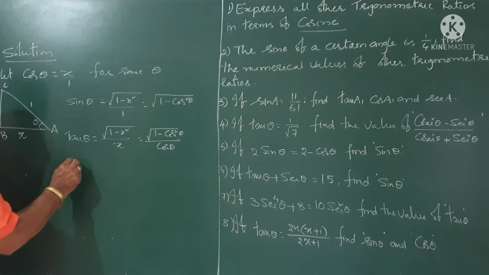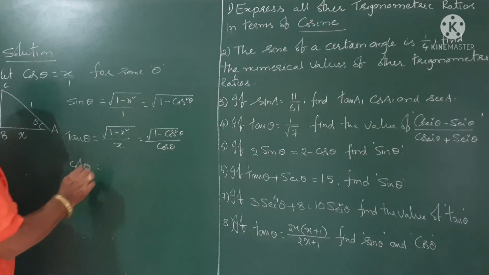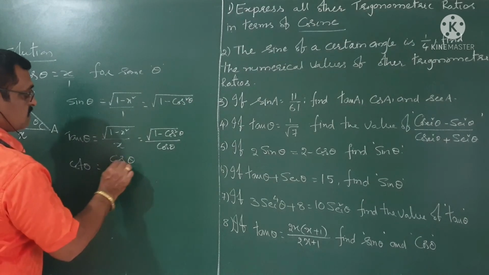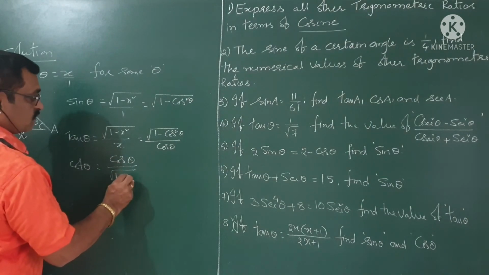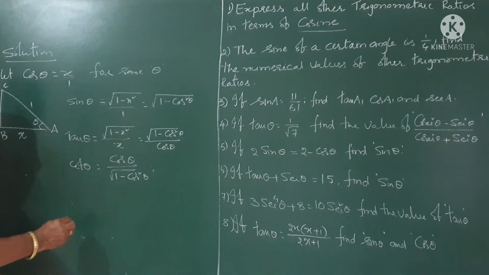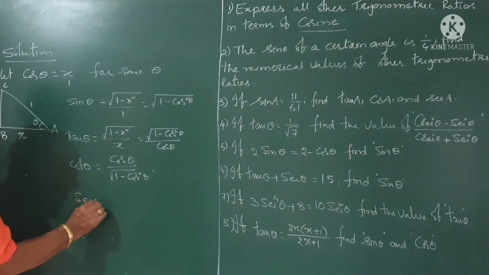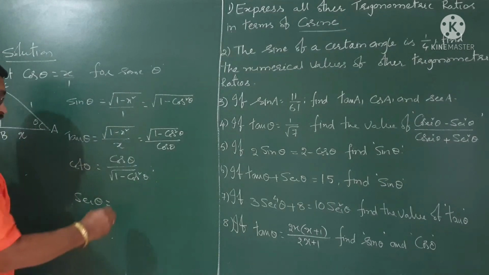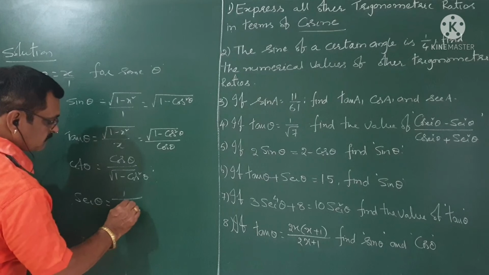Then come to cot theta. Cot theta is nothing but reciprocal of tan theta, so we get cos theta by root over 1 minus cos square theta. Then come to secant theta. Secant theta is just a reciprocal of cos theta, so we have 1 by cos theta.